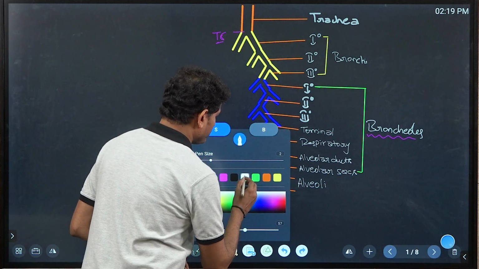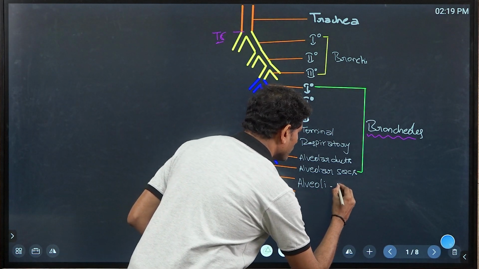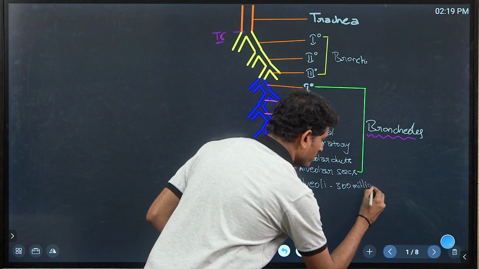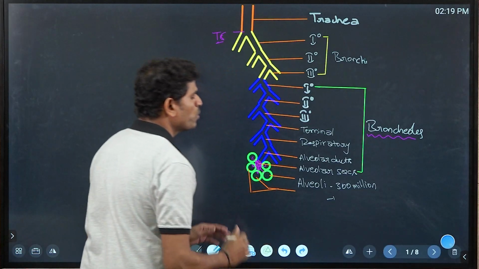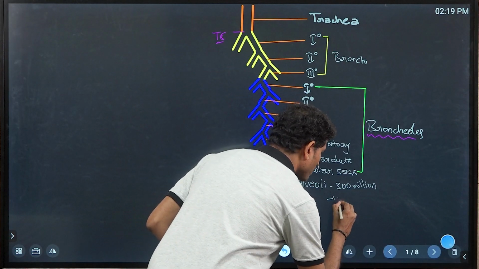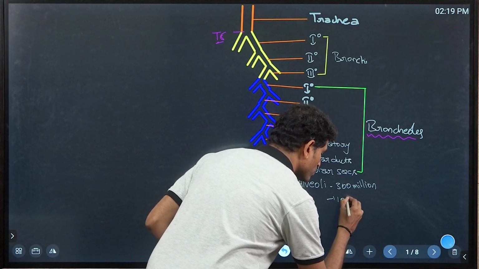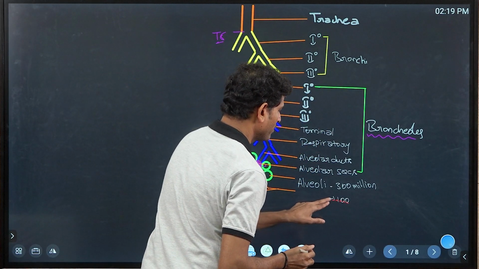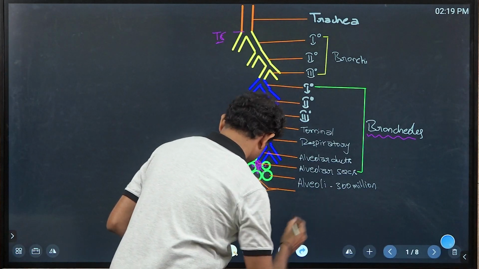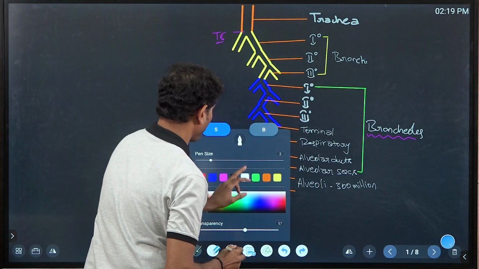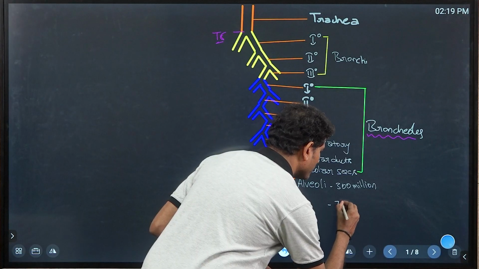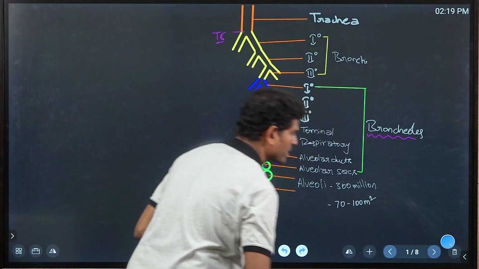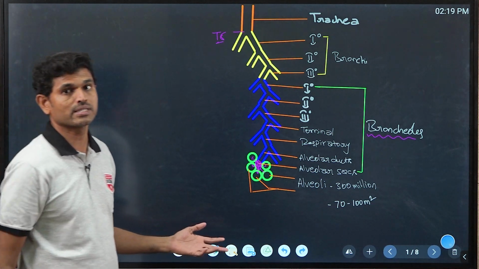Alveoli are 300 million. If we straighten out those alveolar pouches, the surface area could be 70 to 100 square meters, approximately, as given in different books. That is a greater surface area.